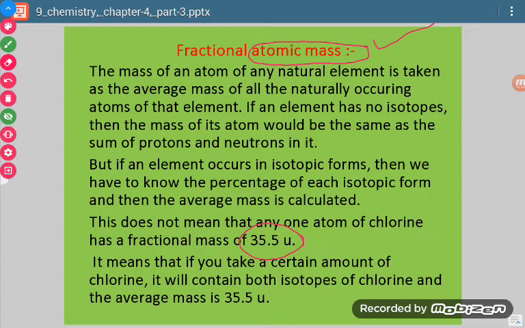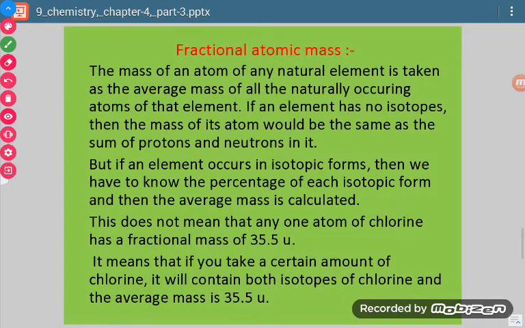If it is very small, then it can be neglected. But if it is a value which cannot permit us to take the next digit, or to neglect it, then we have to take it. For chlorine, it comes out to be 0.5. 0.5 means 50%, so that much cannot be neglected. So fractional atomic mass is obtained because of the calculation of average atomic mass.